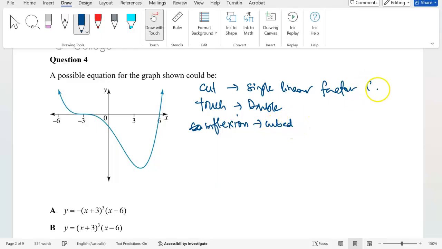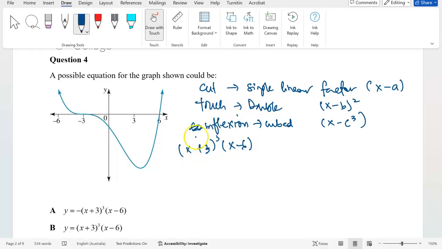Here is probably x minus a, here would be x minus b squared, here could be x minus c cubed. So it's touching inflection at negative 3, so that's going to be actually x plus 3 to the power of 3, one of the factors here, and the other one is x minus 6.